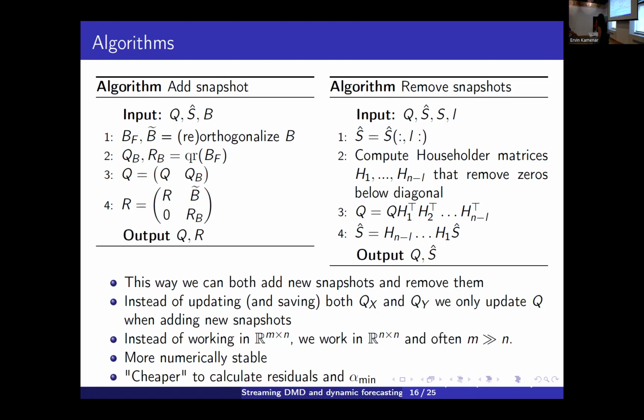It is more numerically stable, and it is also cheaper to calculate these residuals that Zlatko was talking about and alphas in the prediction, because there we have some norm of difference, and if it's the same Q, the Q can drop out because it's an orthonormal matrix. In the case of Hemati, it was a different Q, so we could not take it out of the calculation. And so then again, we also moved to a smaller space.